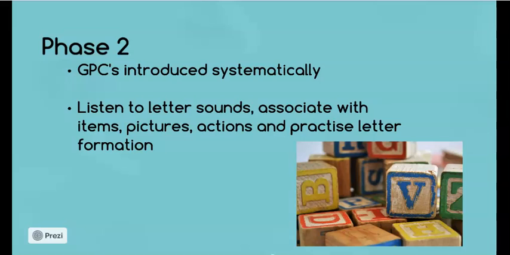One activity that you might find in nurseries very often is that children might be asked to bring in an object that begins with a certain sound, and they might have a letter of the day or a sound of the day. They might have a sound table where they place things that begin with a particular sound for that week. So they're looking at the letter formation, they're listening to the sound, and they're recognising that sound being used around them. This can all be done at home too.